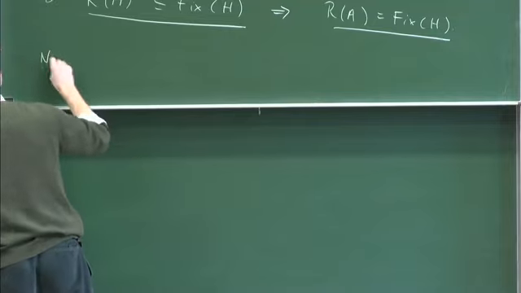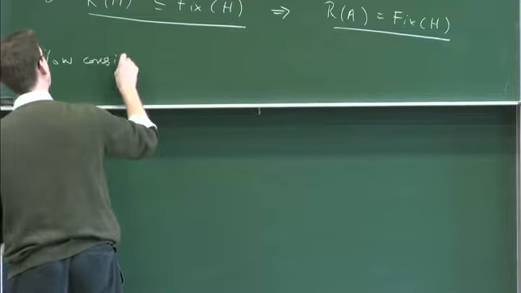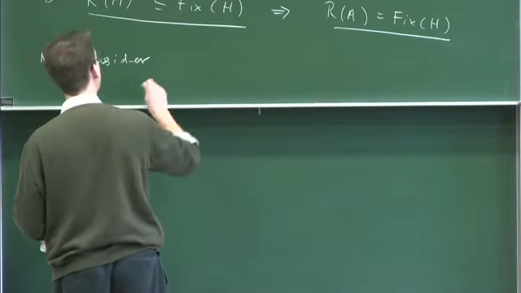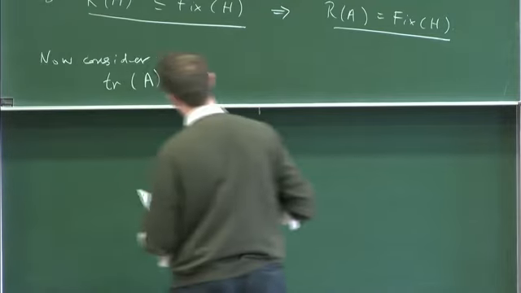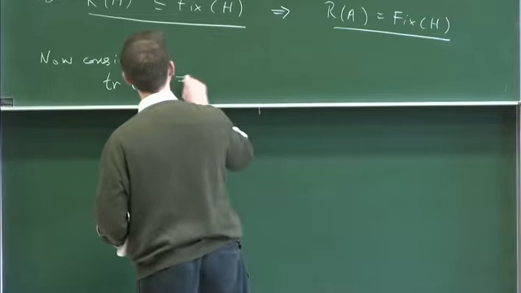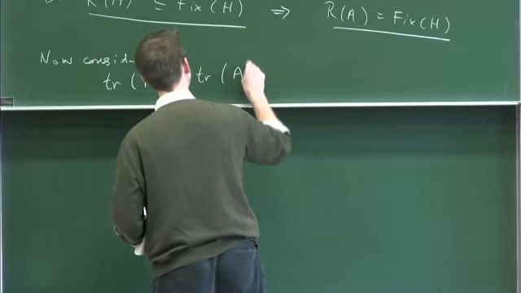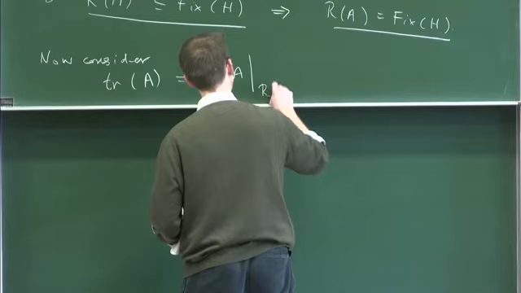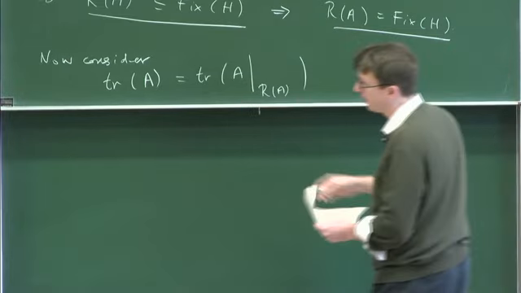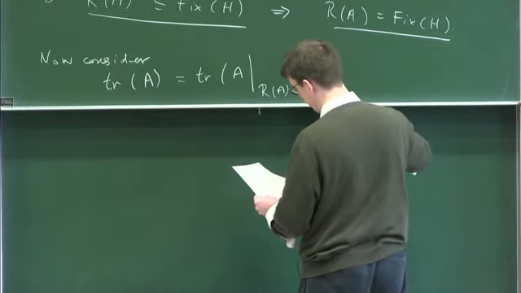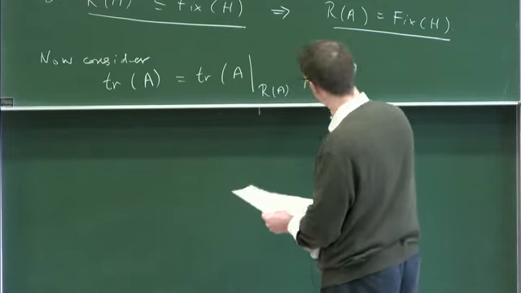So now consider the trace of this linear operator A. That's clearly the same as the trace of A restricted to the range, by that direct sum decomposition, the rank-nullity formula.